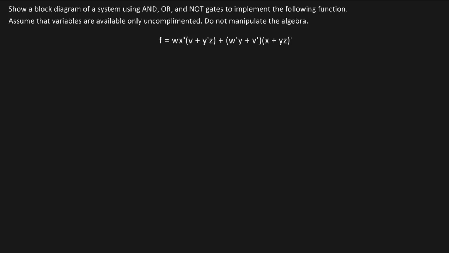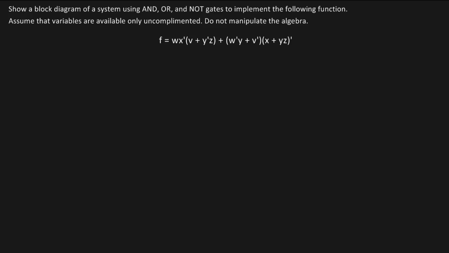I've always liked these problems where the question will give us a function and then ask us to design a circuit or make a block diagram using a certain set of gates with certain rules that we can't go around, just for the sake of the challenge. So this one here asks us to show a block diagram or to draw a circuit using AND, OR, NOT gates.